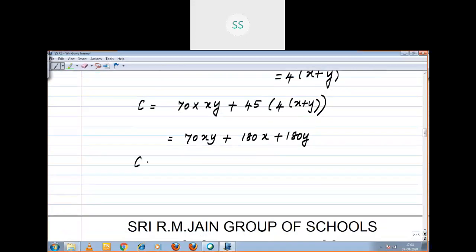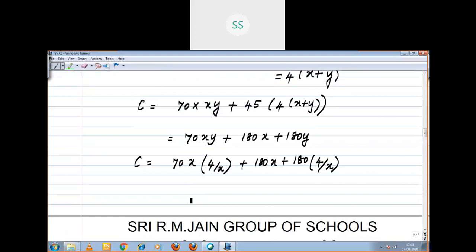C is equal to 70x into, what is y? y is 4 by x, right? So 280 plus 180x plus 180 into 4 by x.